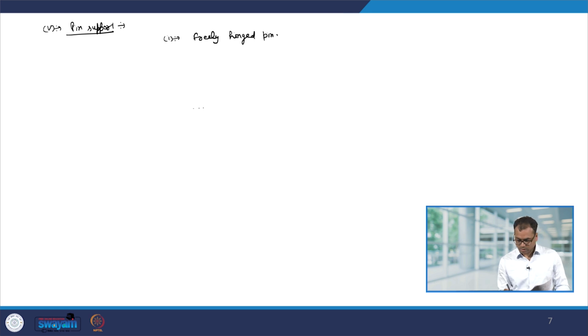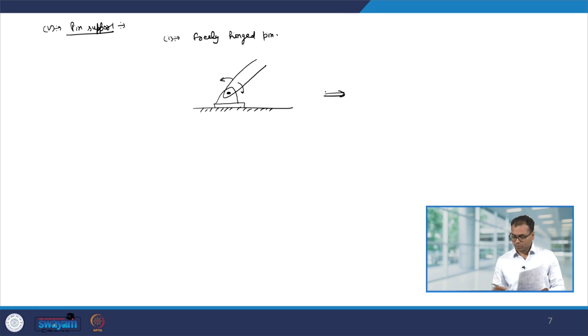So, I have this surface, and with this a pin is attached, and this pin can rotate in this direction as well as in that direction. So, in this case, because the pin is free to rotate, we have two reaction forces, one in the y direction and another in the x direction.